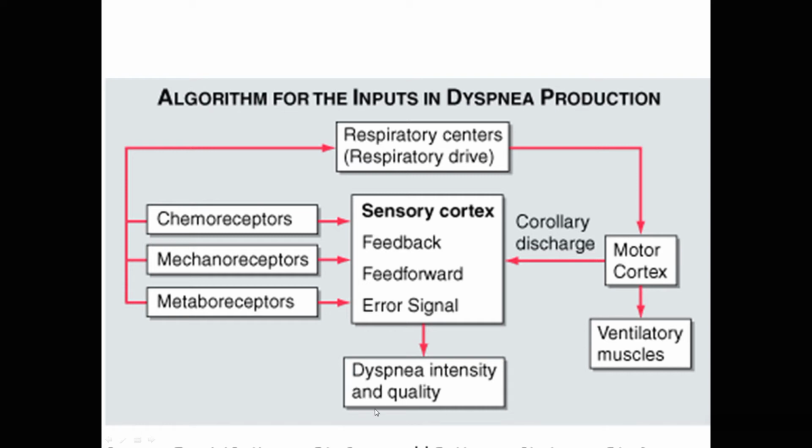Dyspnea intensity and quality will depend on the mismatch between the information and the motor cortex signaling, the control input, the discharge, and the chemoreceptors and other receptors information analyzed in the sensory cortex.